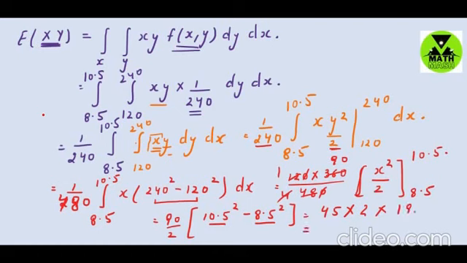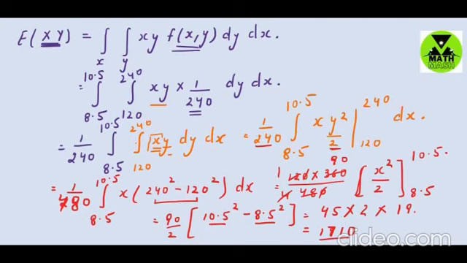So simply multiply 45 by 19 by 90, and this is 1710. So that means it equals 1710. So this is the expected value of xy.